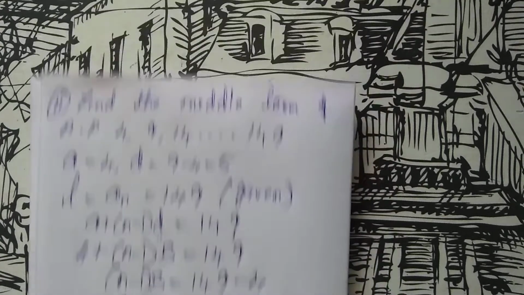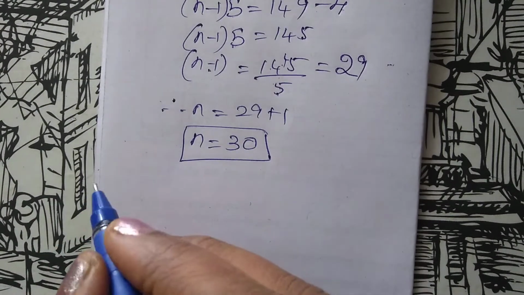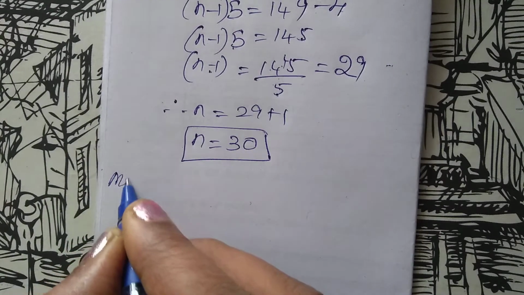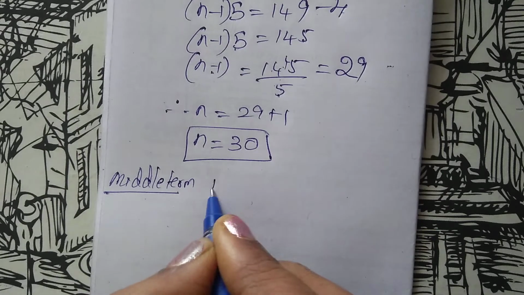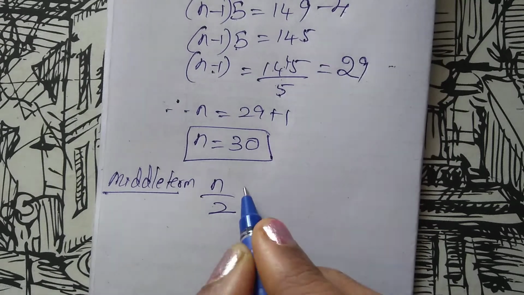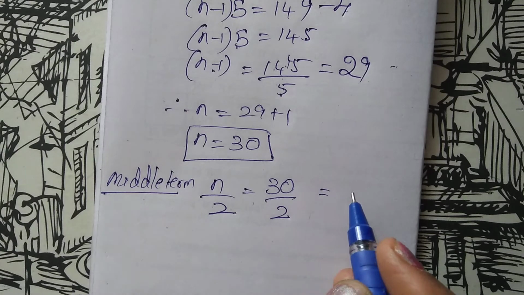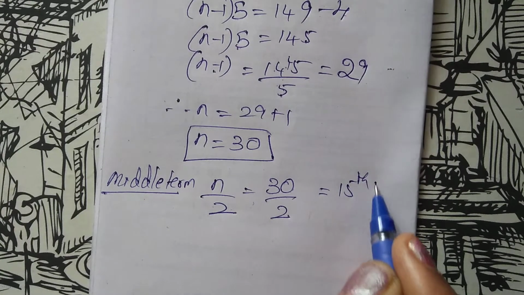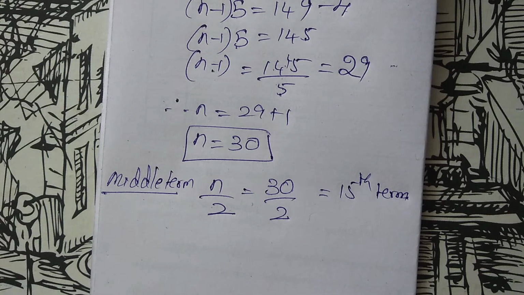But what should we find? We have to find the middle term. So what is the middle term now? It is half of the terms, n by 2, which is 30 by 2. So the middle term is the 15th term. Okay, now what is the middle term, the 15th term?